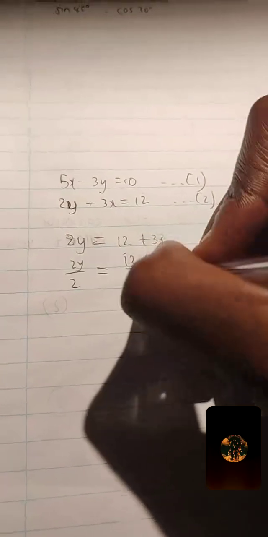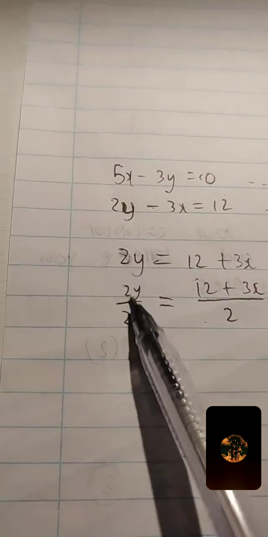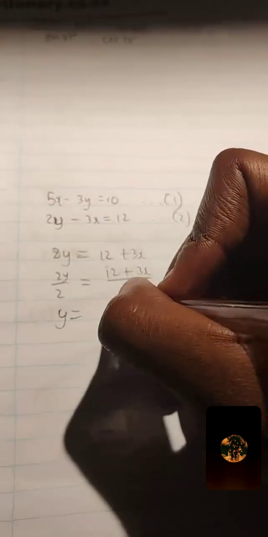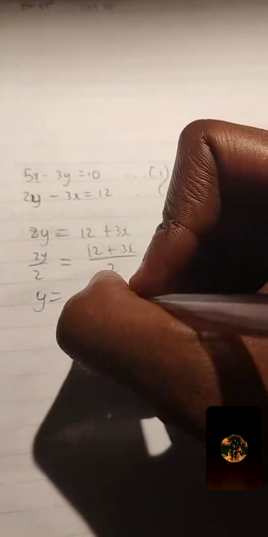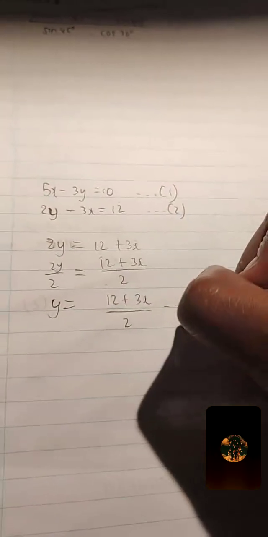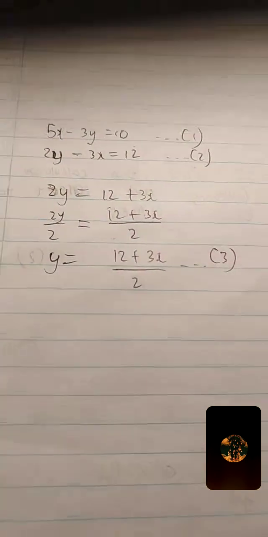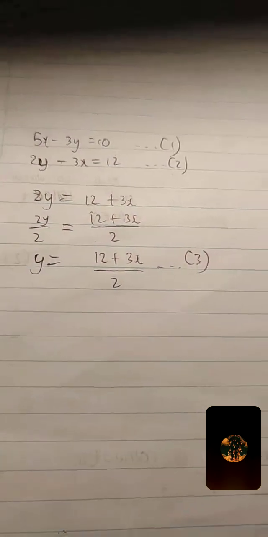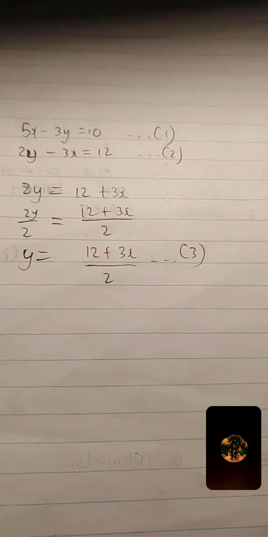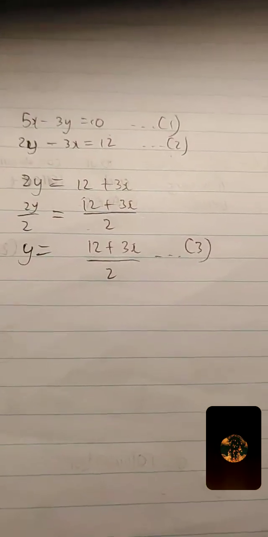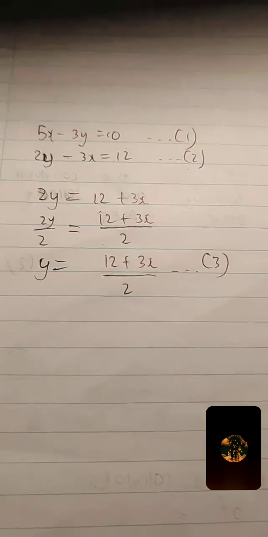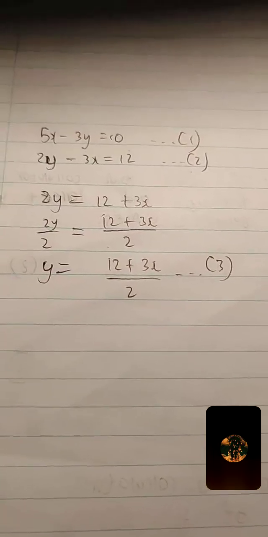We divide by the coefficient of y, which is 2, both left and right. That leaves us with y is equal to (12 plus 3x) over 2. That is my equation 3. Are you with me? Yes, sir.